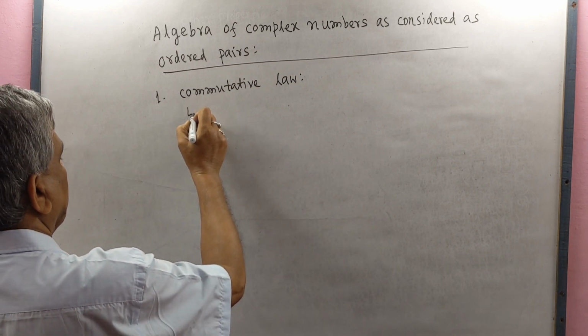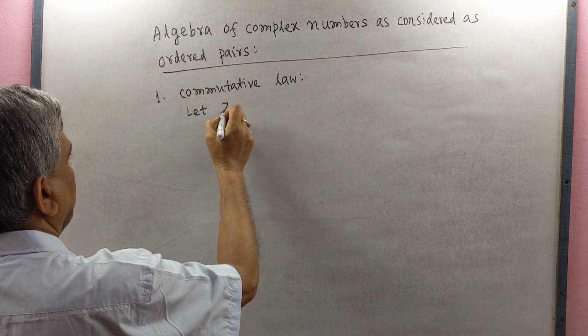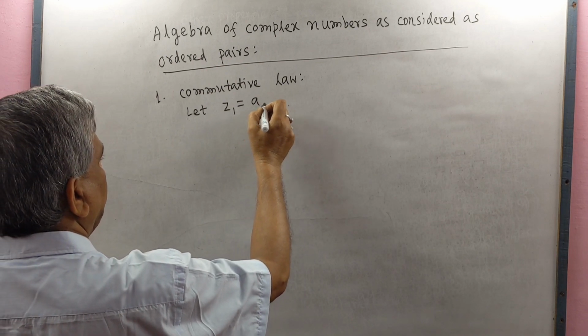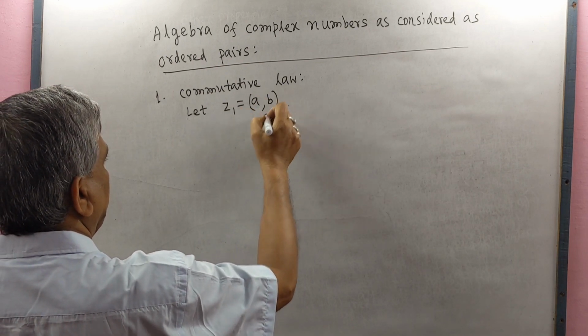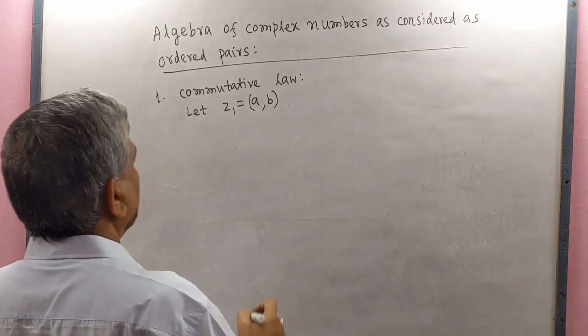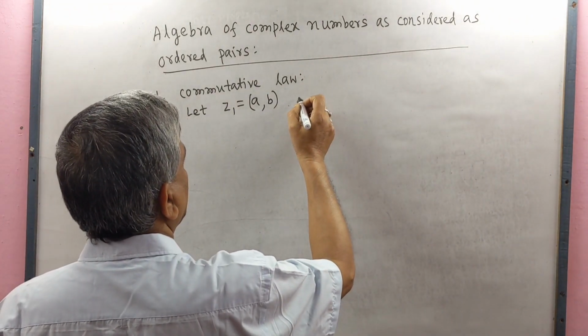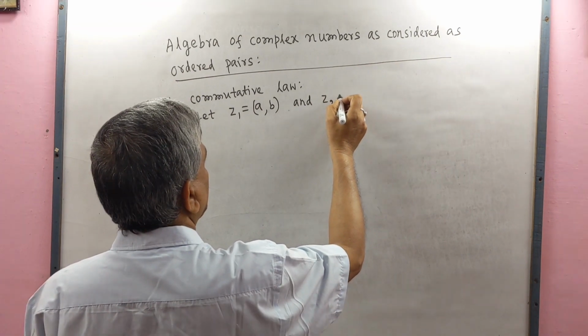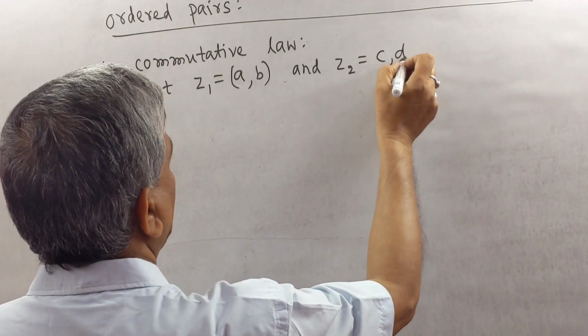Let z1 equal to (a, b) as an ordered pair and z2 equal to (c, d) as ordered pair.